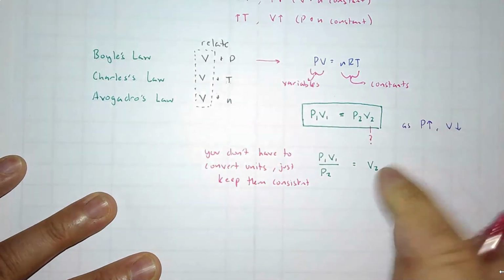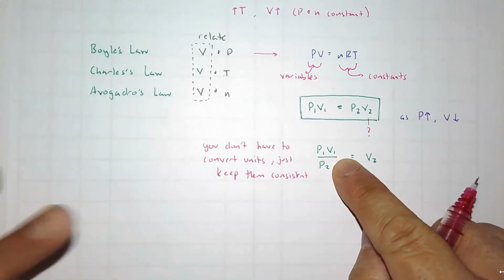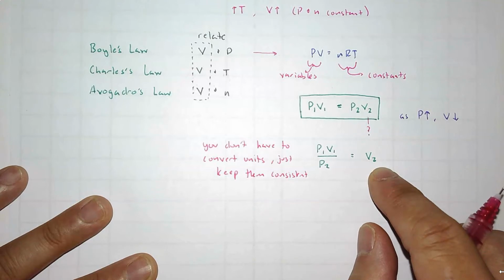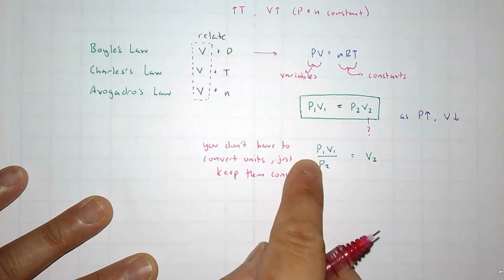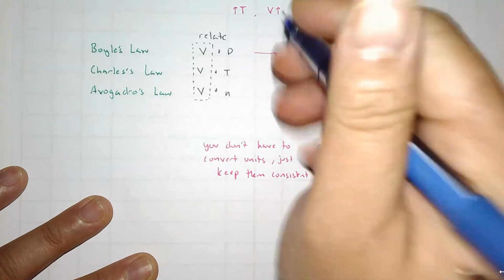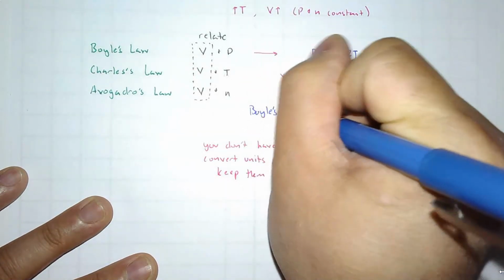So if your V1 is in centimeters cubed, your V2 will be in centimeters cubed. And then keep the pressure units consistent, they will cancel out. Again, this is Boyle's law. So we'll remember this as Boyle's.